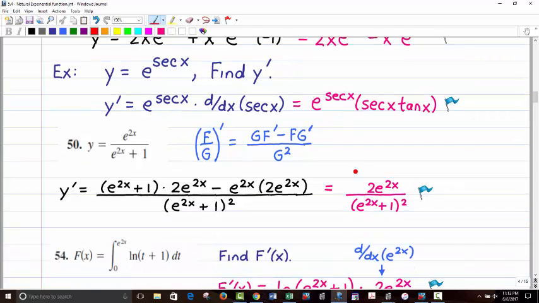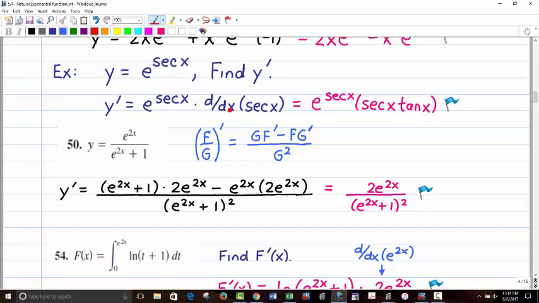Here's a quotient rule. For this one, you take the bottom, which is e to the 2x plus 1, times the derivative of the top, which, the derivative of e to the 2x, would be 2e to the 2x, because the derivative of 2x is 2. Minus, for the quotient rule, the top, e to the 2x, times the derivative of the bottom, which is the same as the derivative of the top, because the plus 1 has no effect.